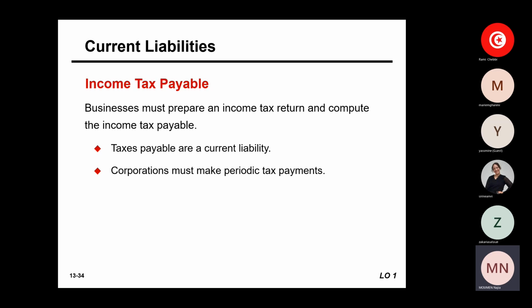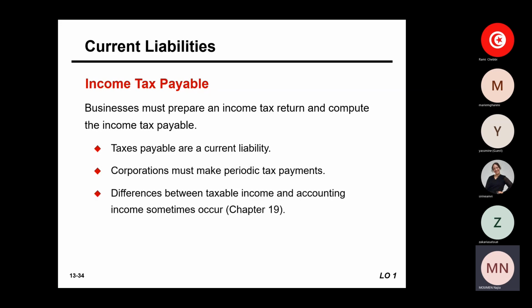You know, income taxes are liquidated within the next operating cycle. In most cases they are paid within 3 months or 6 months, etc. So this is about periodic tax payment, and if they are periodic, or should be paid within a short period of time, then they should be recorded as current liabilities.